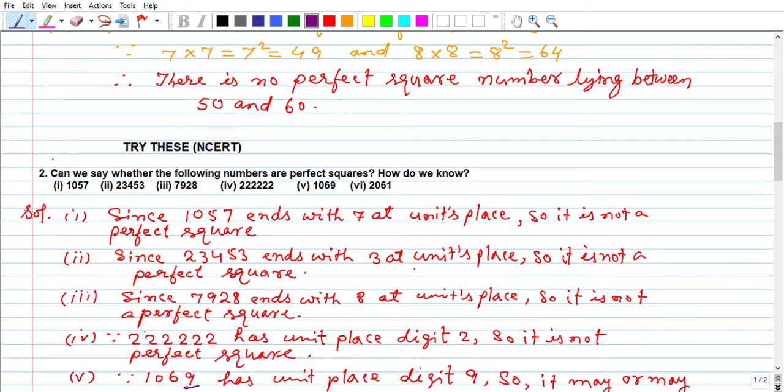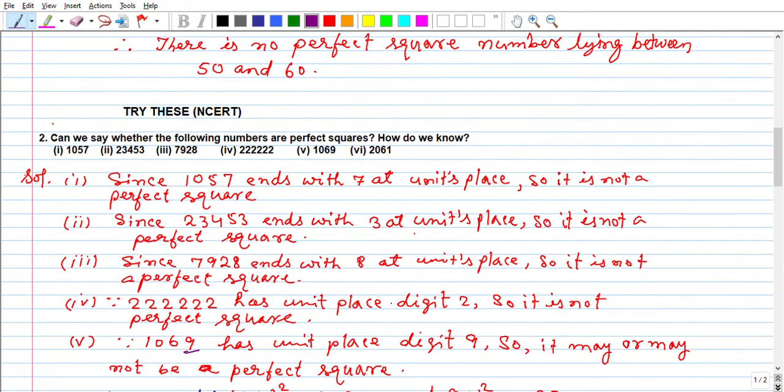1069 has unit place digit 9, so it may or may not be a perfect square, because all natural numbers are not perfect squares.